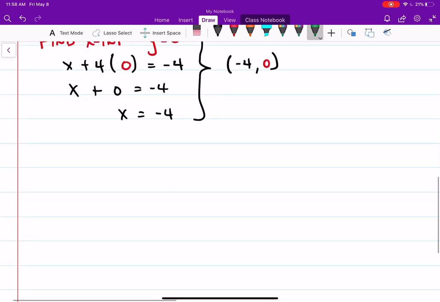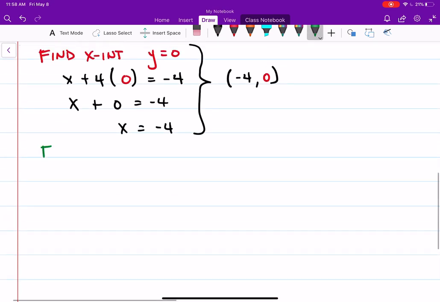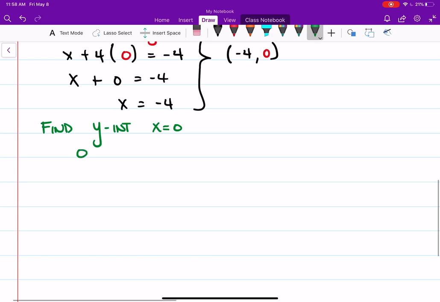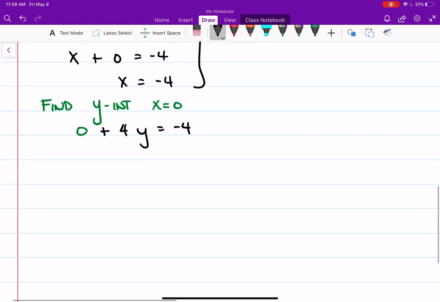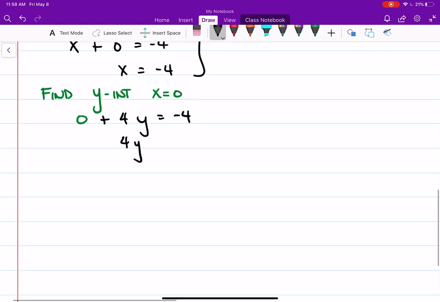And then next, I want to find the y-intercept. What I know is x is equal to 0. Great, so I got 0 plus 4y is equal to negative 4. 4y is equal to negative 4, so y is equal to negative 1.